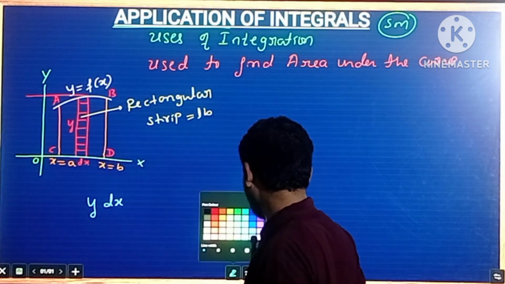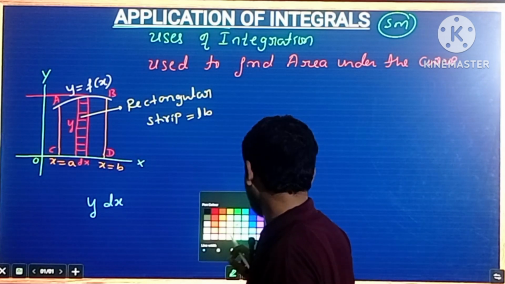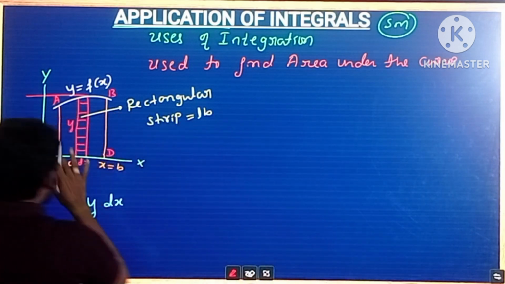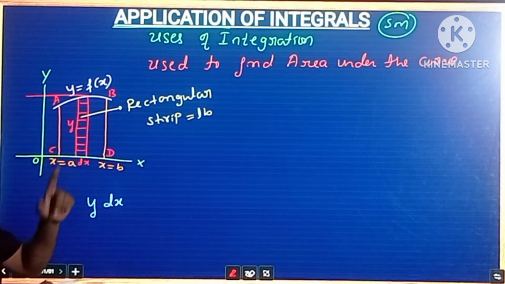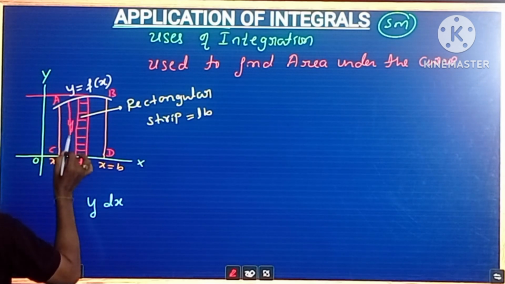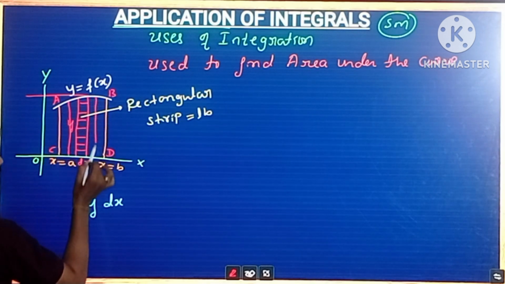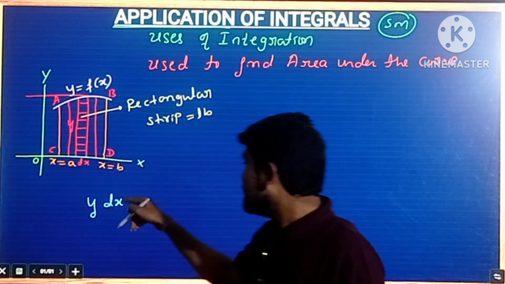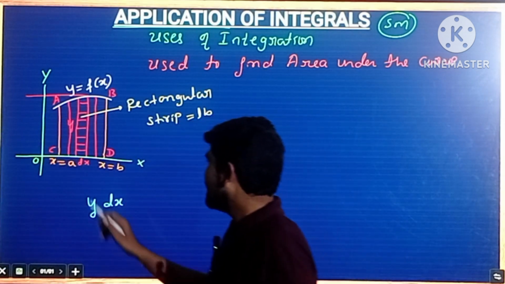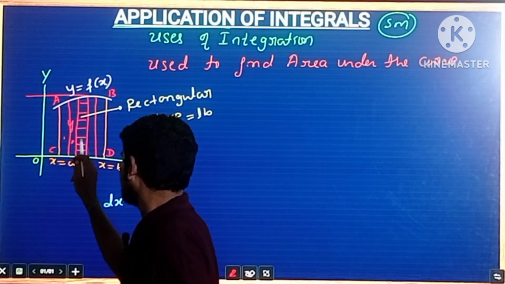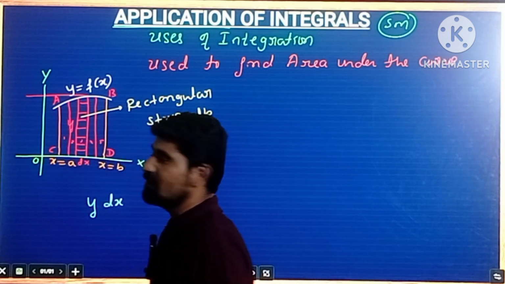So to find the area ABCD, firstly I am going to divide this entire area into small vertical strips, and then I am going to find the area of each strip: the first strip, second strip, third strip, fourth strip and fifth strip.